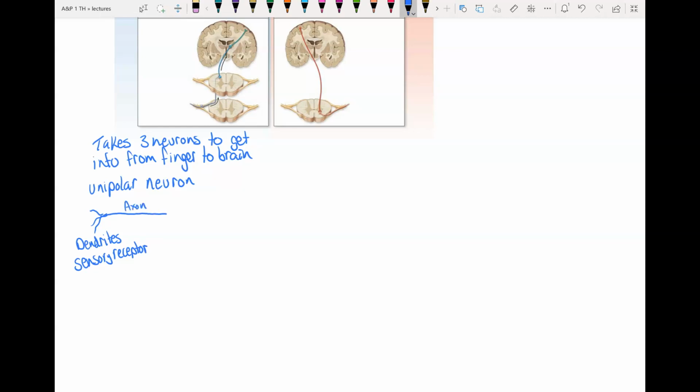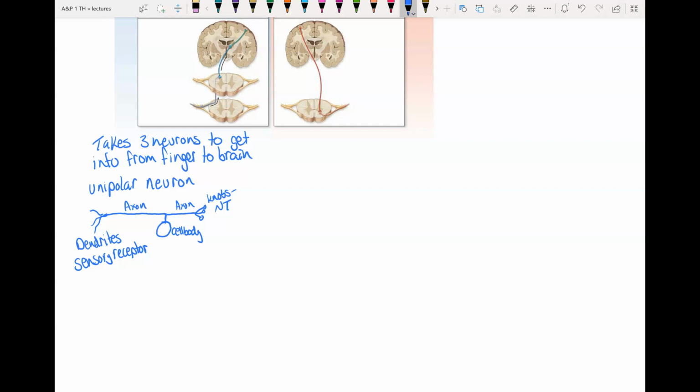So you go straight from dendrites to axon. Then you have a little process here, and then your cell body. And then the axon continues, and then here's the part with the knobs that secrete neurotransmitter. So this is the structure that we're dealing with for our first sensory neuron. Dendrites straight to axon with the cell body off to the side, and then the knobs that secrete neurotransmitter.